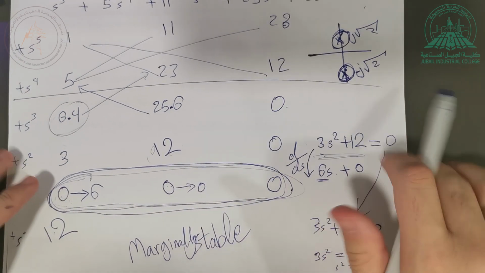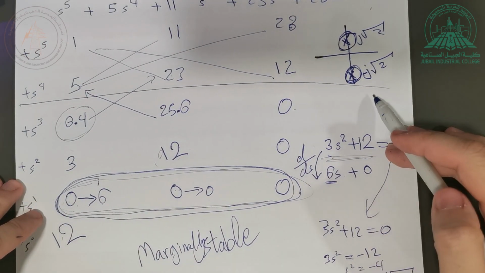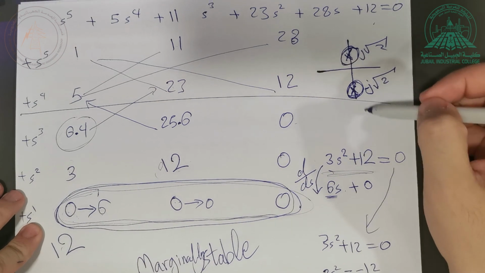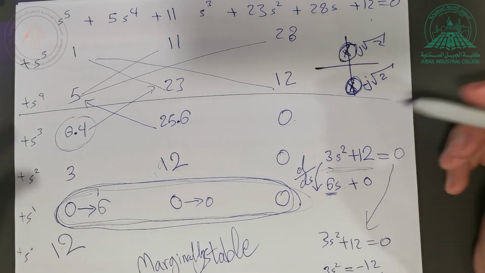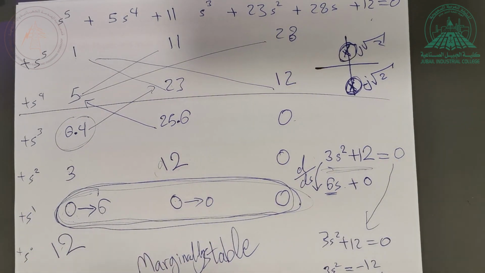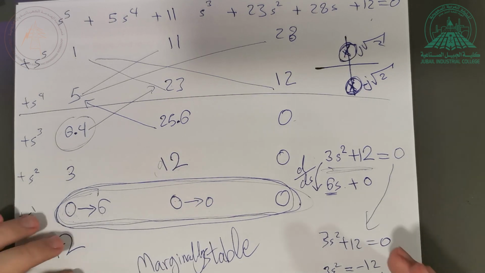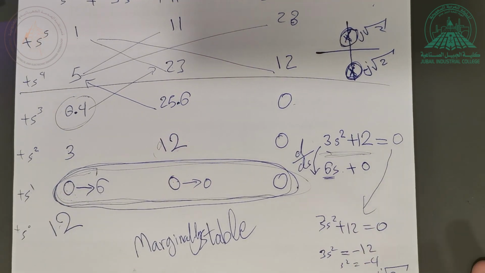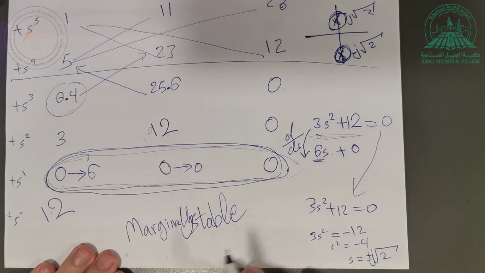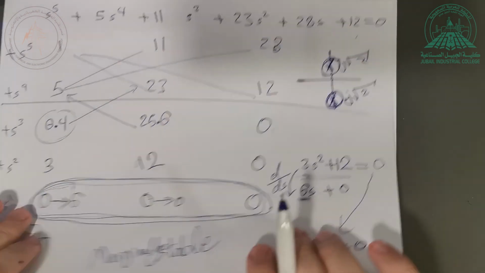Here we are saying that the system is marginally stable, but there is a chance that these poles are repeated. Unfortunately, I cannot know. This technique cannot tell me whether the poles are repeated or not. So the system could be marginally stable or it could be unstable. This is the issue we have here.